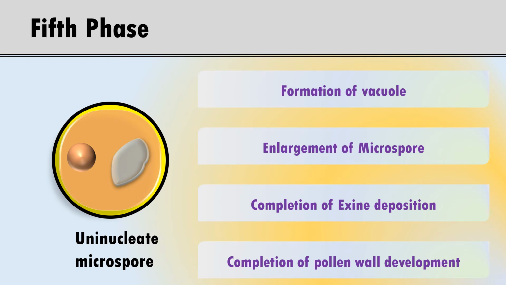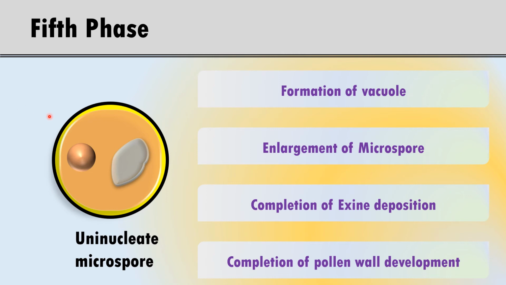And the fifth or last phase of microsporogenesis can be observed by the clear-cut large uninucleate microspore formation, marked by the vacuolation and enlargement of the microspore with the completion of exine deposition and pollen wall development.